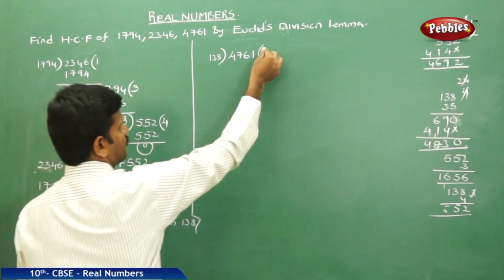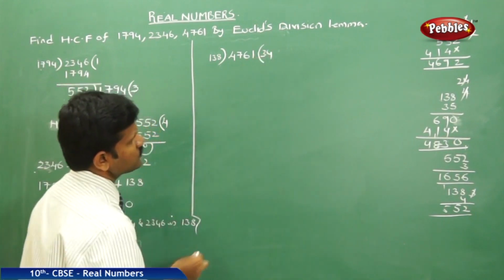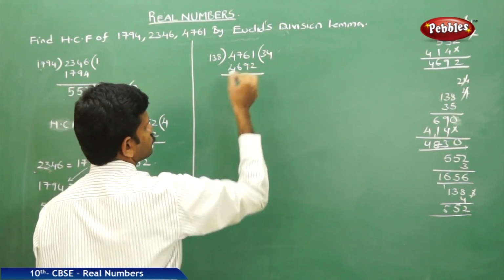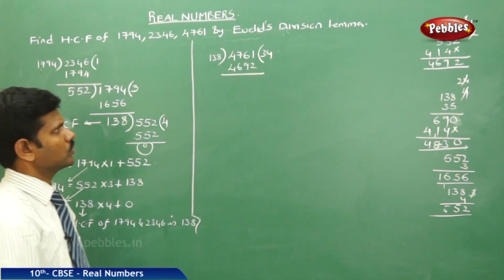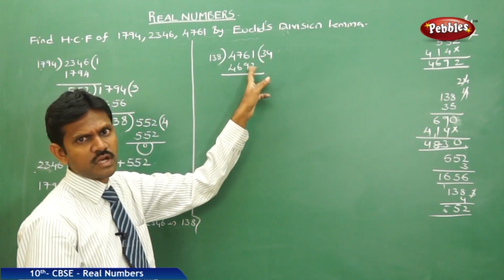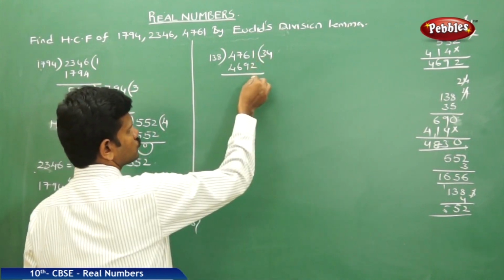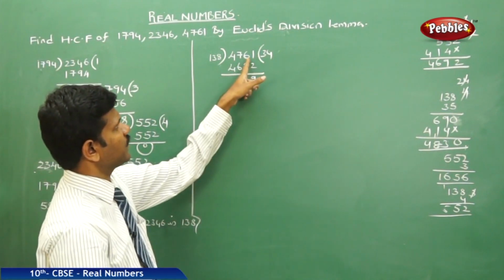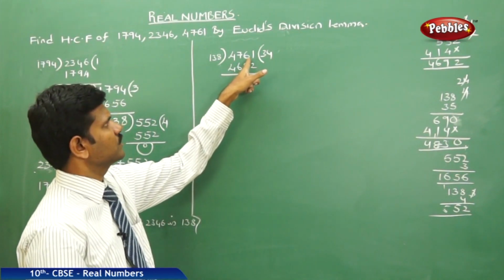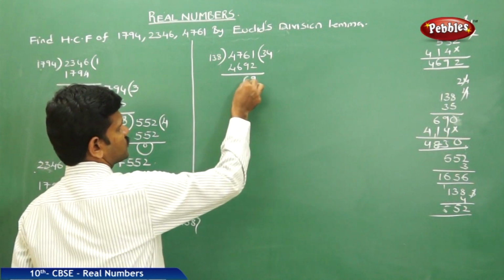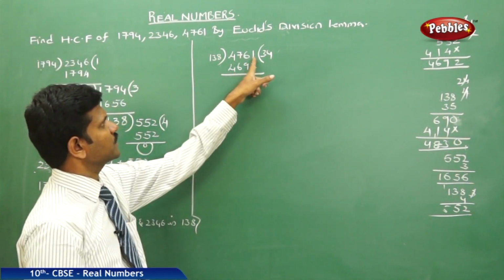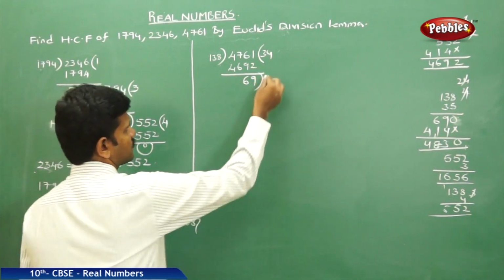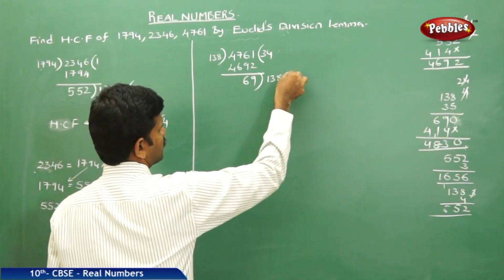Okay, 34 times, 4692. Now 1 minus 2 is not possible. 11 minus 2 is 9. 1 borrowed here, 5 becomes 15, 15 minus 9 is 6. 1 borrowed here, 6 minus 6 is 0. So 69, 138.